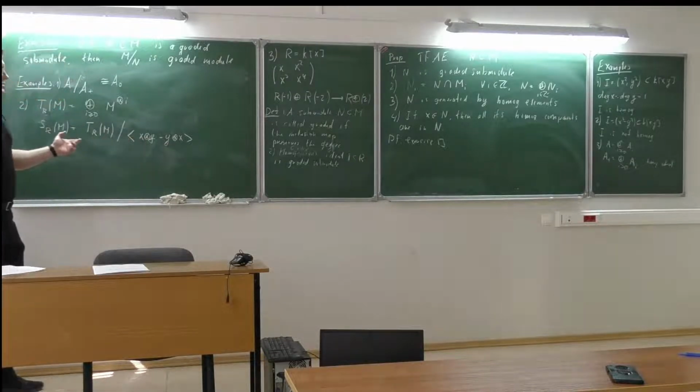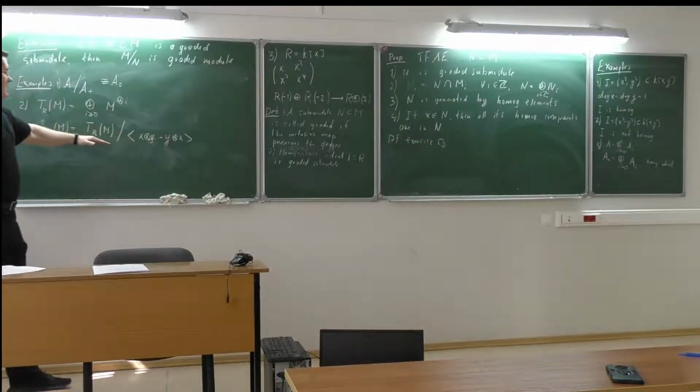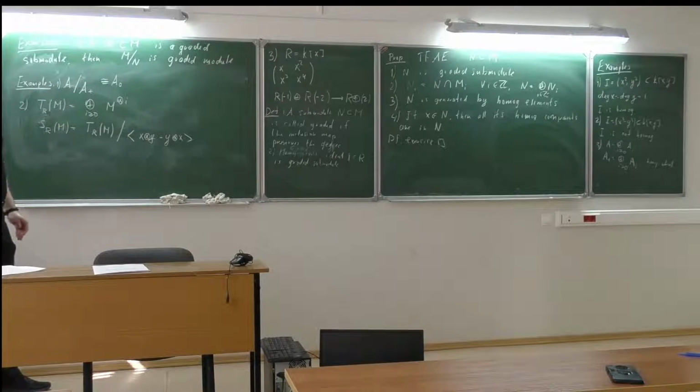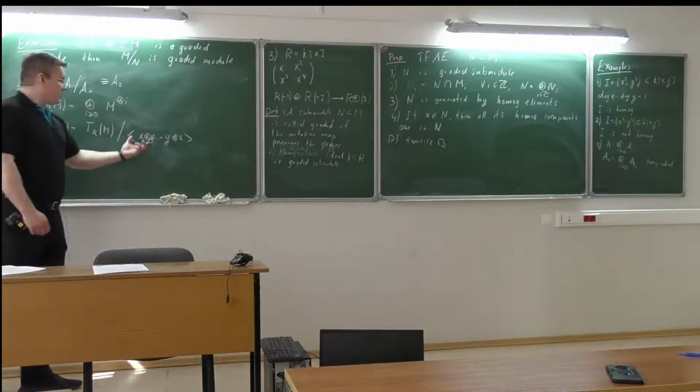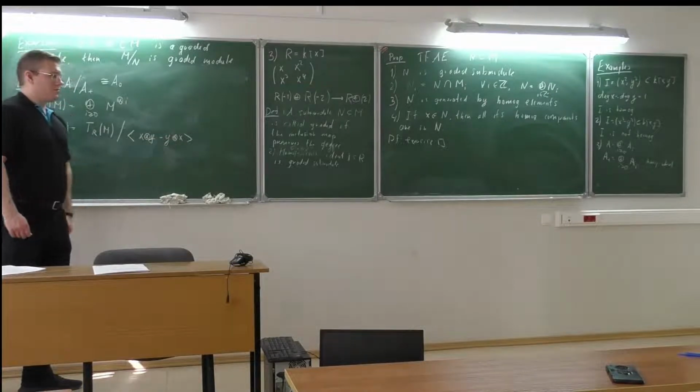Of course, in this case, this is not a commutative situation, but the same works. The algebra is not commutative, but the ideal is homogeneous, and the quotient is a graded algebra. The ideal generated by this is homogeneous because both parts are of degree 2.